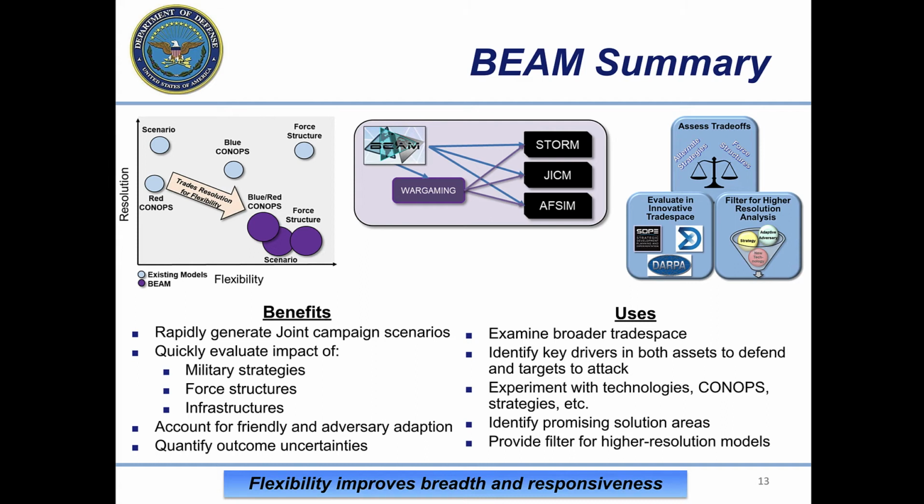Also, it can quickly evaluate the impact of military strategies, force structures, and infrastructures. By evaluating each scenario sufficiently quickly, the large decision space of potential strategies and force structures may be searched. Also, Beam accounts for friendly and adversary adaptation and quantifies outcome uncertainties.